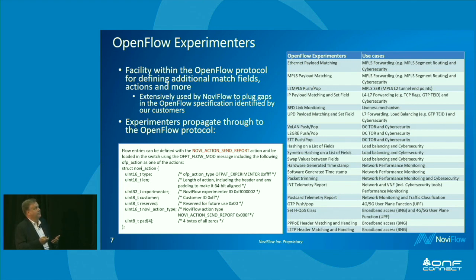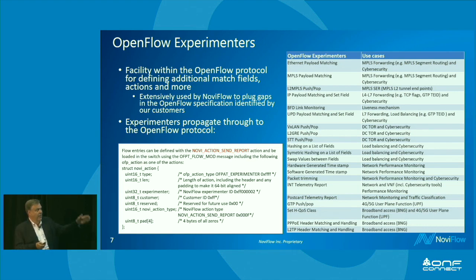Lots of encapsulations like L2GRE, STT, VXLAN, L2 MPLS, and they all have specific use cases that our customers were pursuing. And I would say we pushed the experimenters to the limit, right?